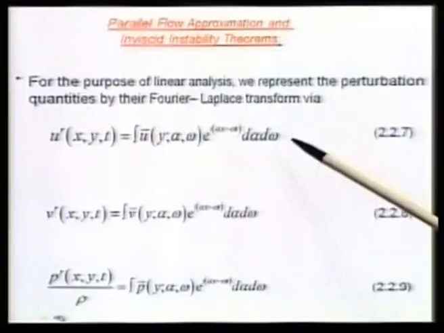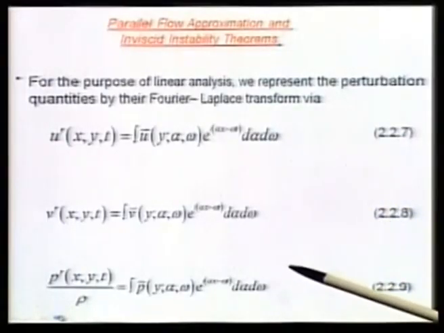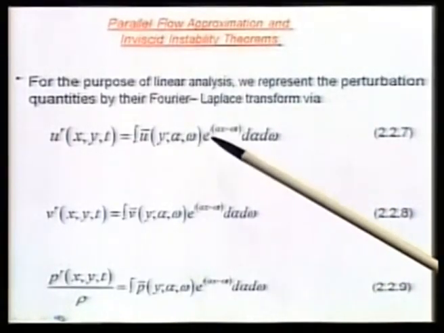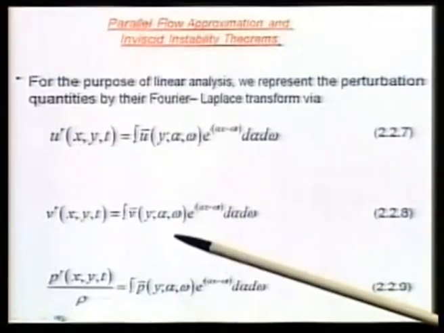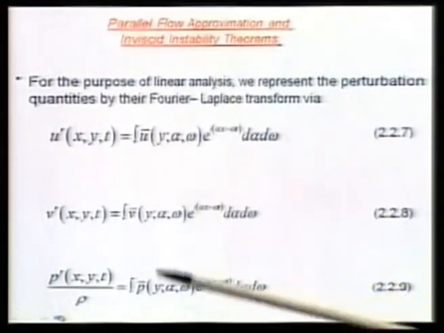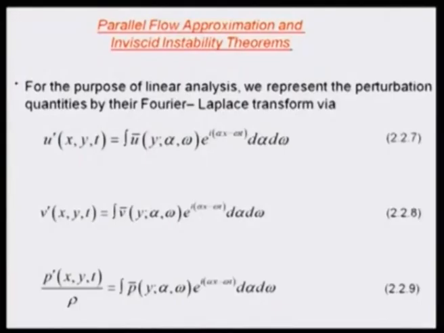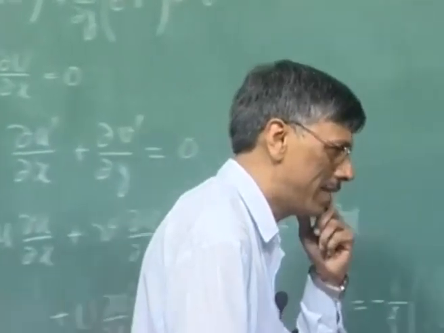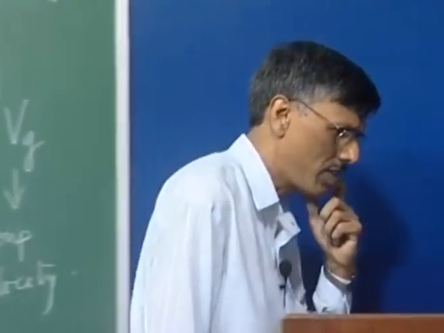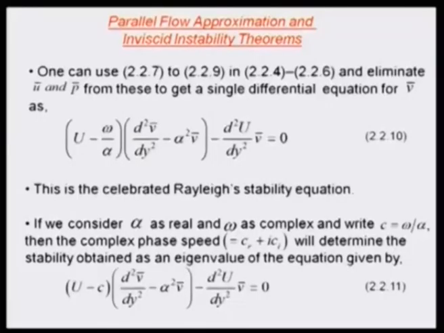So, let us put this description for the disturbance field in terms of their Fourier Laplace amplitudes u bar, v bar and p bar. Once we have done that, what we need to do is plug this information into our governing equation. Now, this requires a little bit of explanation.